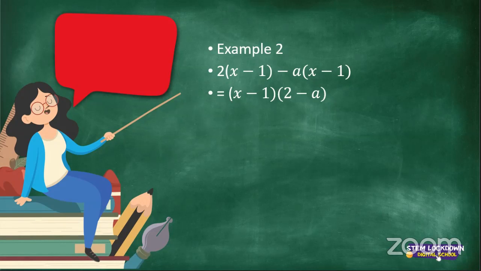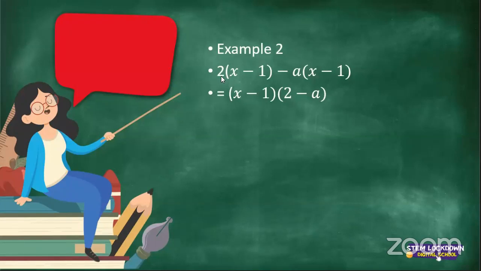And then you can see that once you take out x minus 1, what will be left, Unkabetsi? It will be 2 minus a. Indeed, you will be left with 2 minus a.